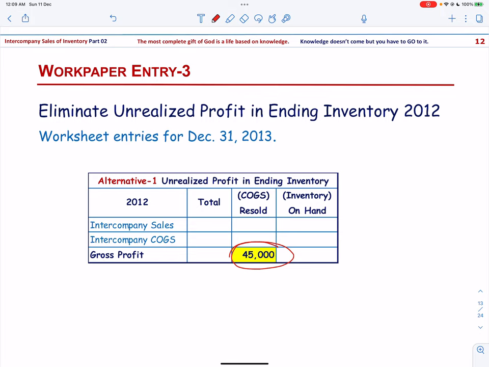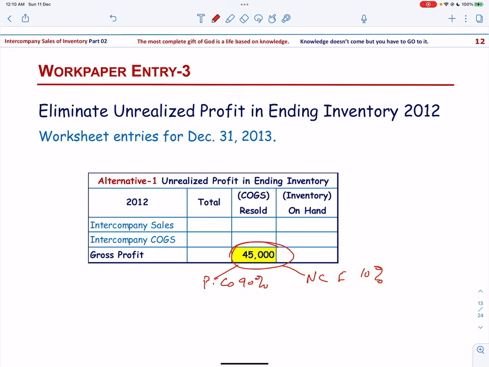So this 45,000 of inventory from 2012 sales is resold this year, and since this is an upstream sale, the 45,000 will be split between the parent company and the non-controlling interest. Now the parent company has 90% and the non-controlling interest has 10%.